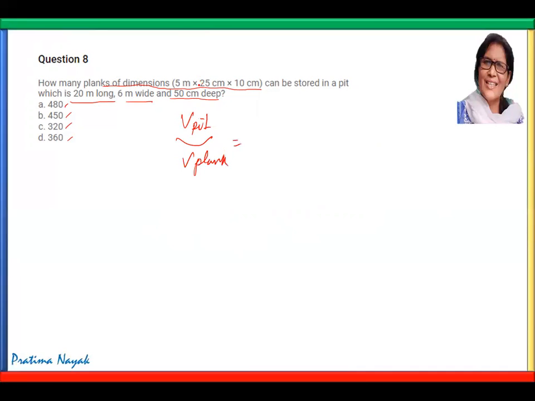Here some are in meter, some are in centimeter, so convert into one. So I am writing in centimeters. Volume of the pit will be, this will be your length, so 20 meter I can make centimeter, then 6 meter I can make centimeter, into 50 centimeter. And about the plank, it will be 5 meter, 500.